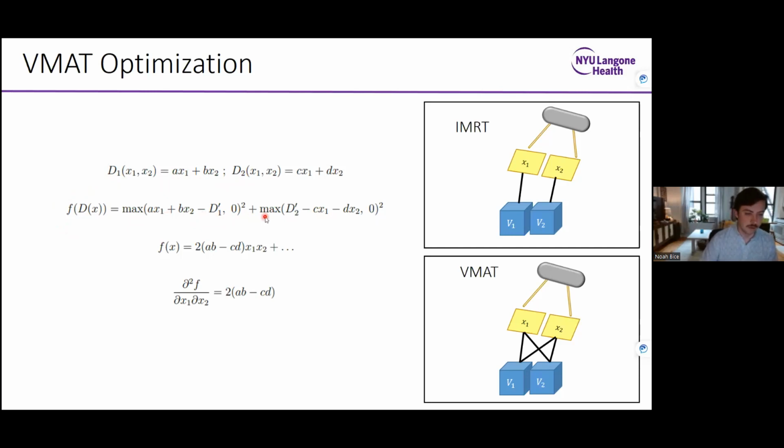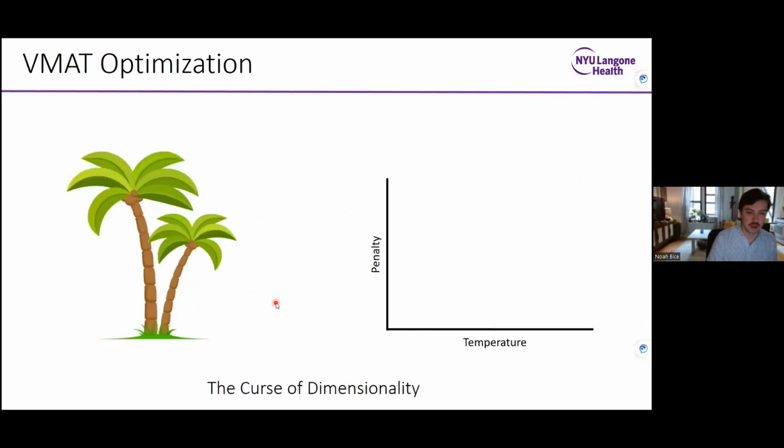Assuming that we're violating both these constraints, we can write out all the terms in this objective function, and you'll find that you get cross terms that imply that the second derivative of the objective function with respect to our parameters can potentially be non-negative. So that's the real complication, and why we're potentially worried about non-convexity when it comes to VMAT optimization and not IMRT optimization.